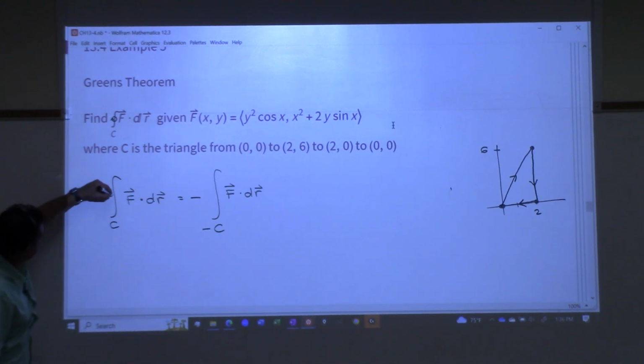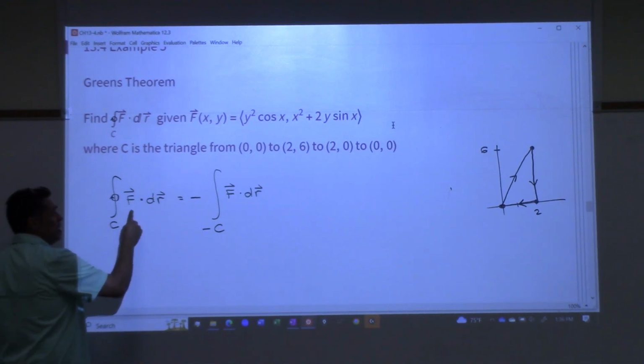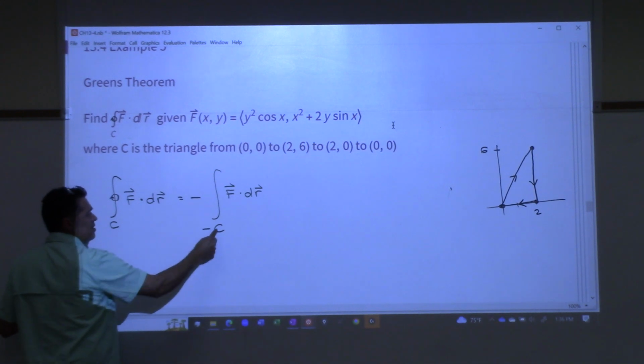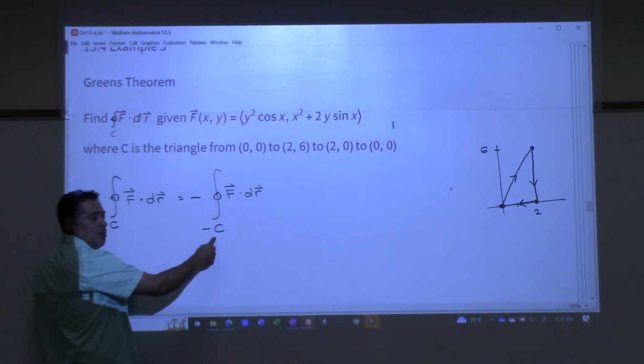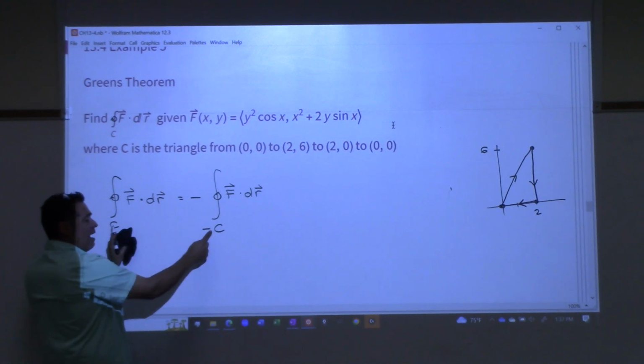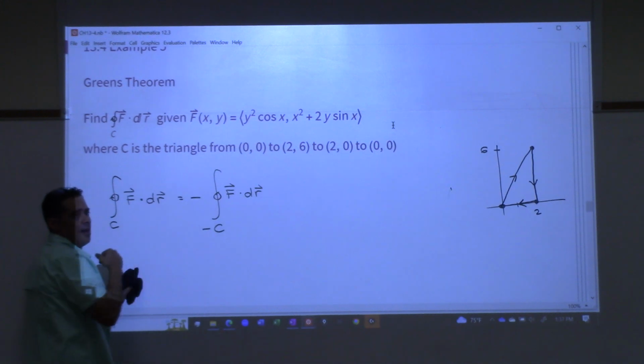So if I want to do this integral, do you all agree and understand that this is the same as the negative of this integral, which basically means I'm doing the opposite orientation of C. This negative C means the opposite direction. And notice that my circle here now doesn't have the arrow on it.